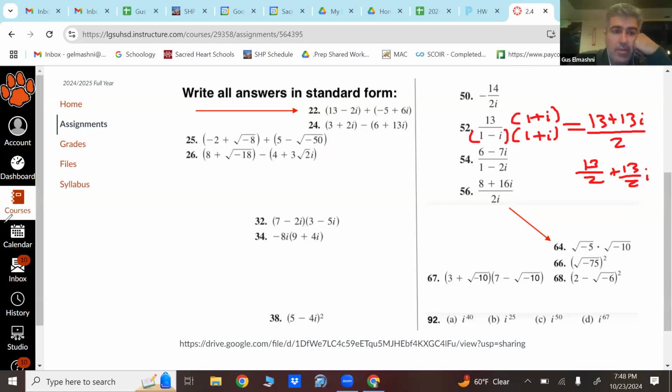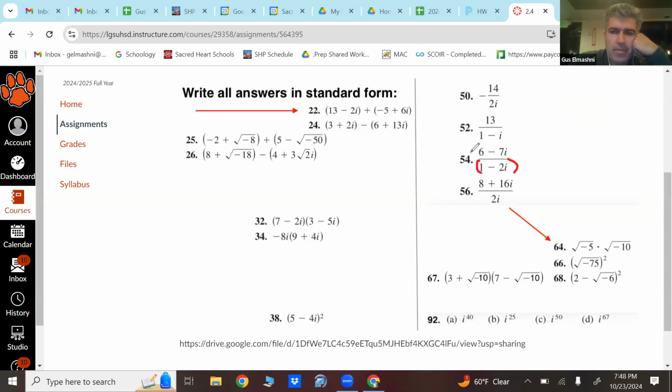So you always do the conjugate for that. So you kind of do this, and you do this.